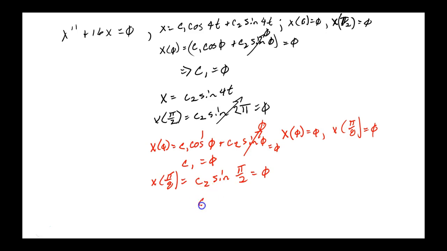So that means C2 also has to be 0. Okay? Well, that's not a very interesting problem, is it? We got x is equal to 0. Well, of course, that's going to work because it goes through the origin everywhere, but that is a unique solution. That's the only solution that will fit those boundary conditions. The only one. Okay? So that has a unique solution. It's the trivial solution. Okay?